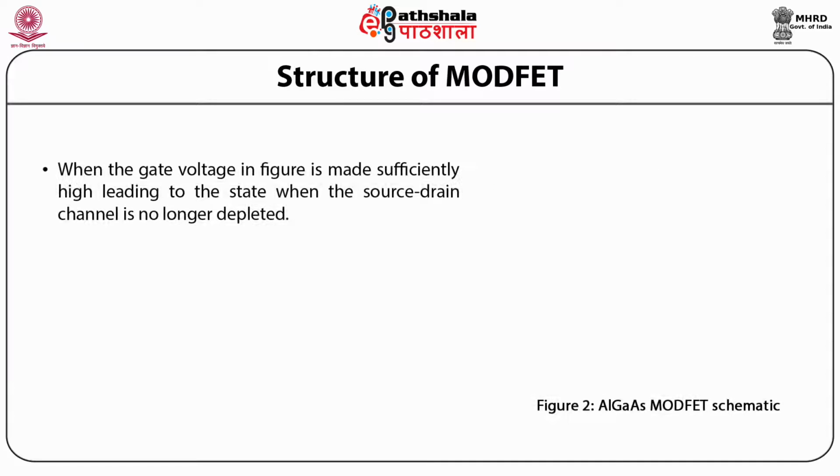When the gate voltage, as shown in this figure, is made sufficiently high, the source drain channel is no longer depleted. At this instant, the 2DEG is free to conduct in the undoped material. Since the undoped material has no added extra donor atoms, impurity scattering no longer inhibits the carrier mobility and saturation velocity.